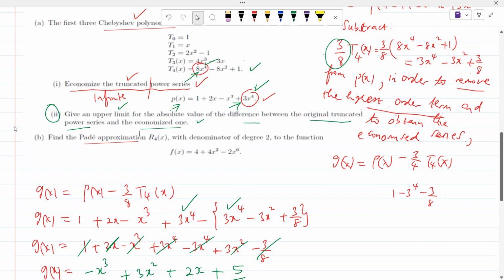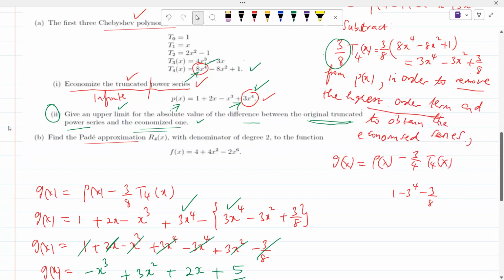So we give an upper limit of the absolute value of the difference between the two.